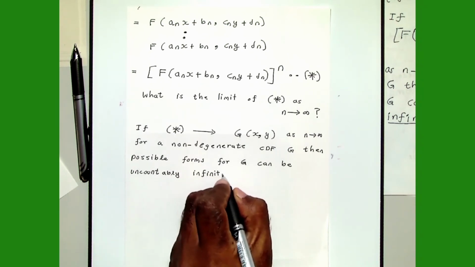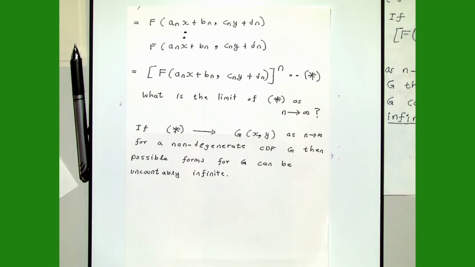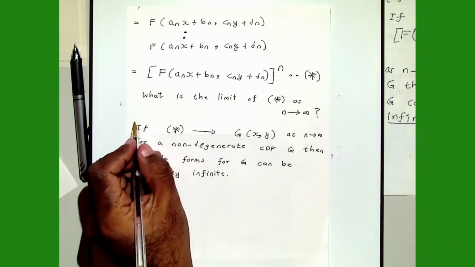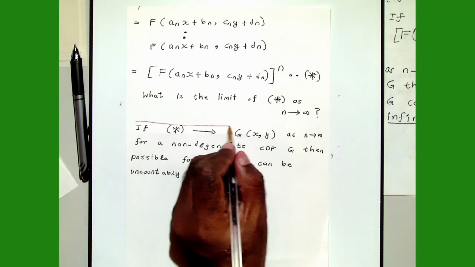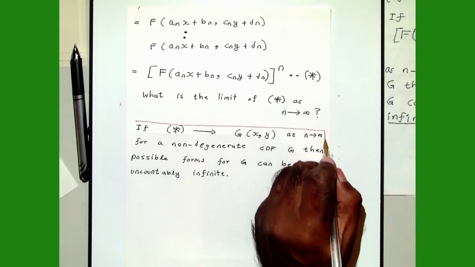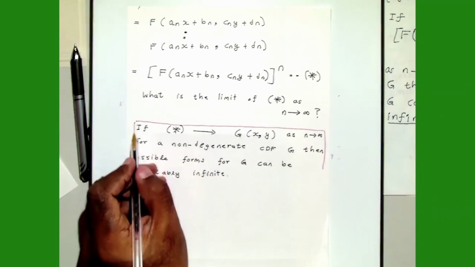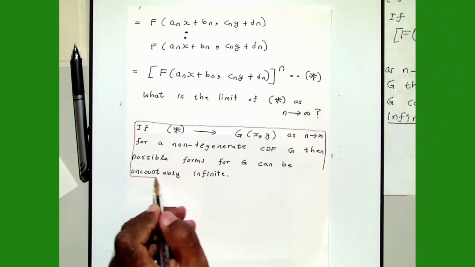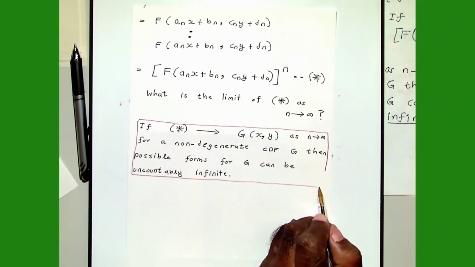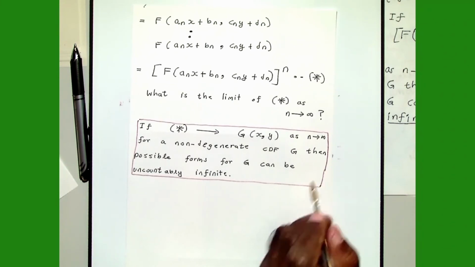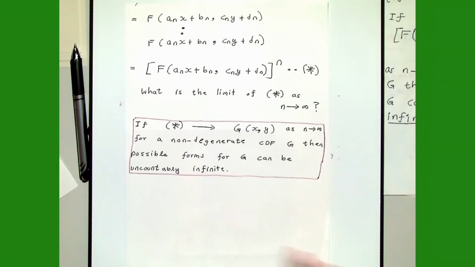This is the unfortunate result in the bivariate and the multivariate cases, that if a limit exists, that is, if this approaches G, then the possible forms for G can be uncountably infinite. Unlike in the univariate case, where the possible forms can be only one of three.